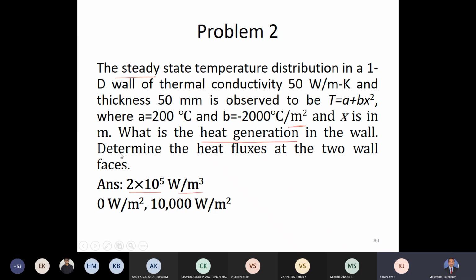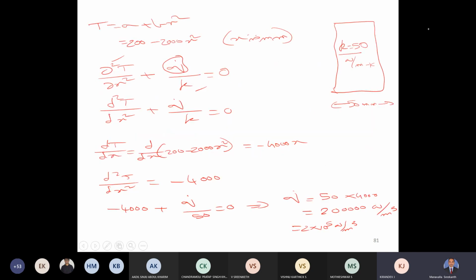The second question is to determine the heat fluxes at the two wall faces. This wall has two faces, right? This is one face and this is the other face. At these two faces, we are asked to find the heat flux Q by A here and Q by A here.